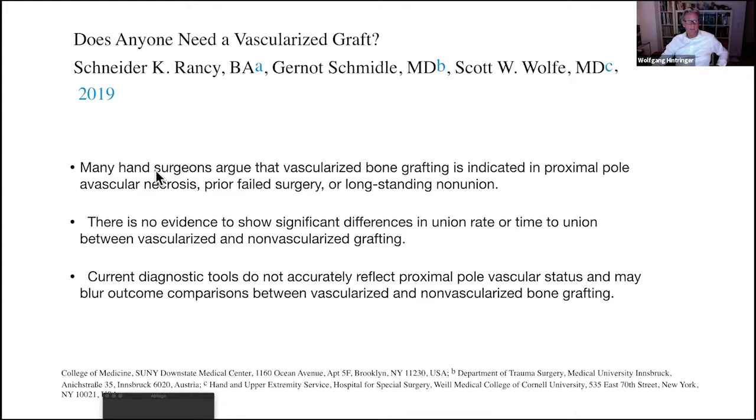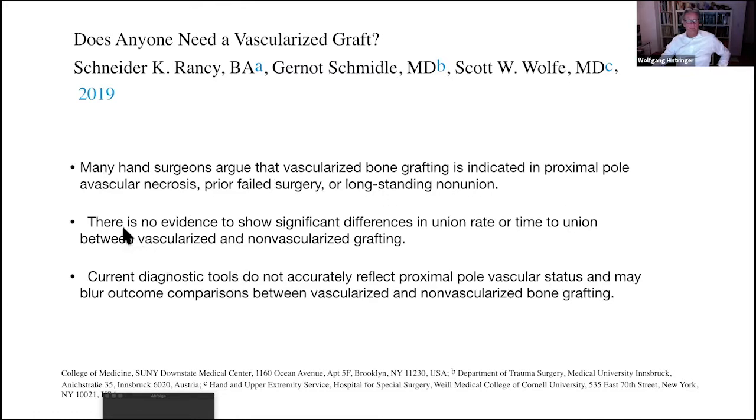Many hand surgeons argue that vascularized bone grafting is indicated in proximal pole avascular necrosis, prior failed surgery, or long-standing non-union. That is written in the paper, and a lot of people follow that sentence.